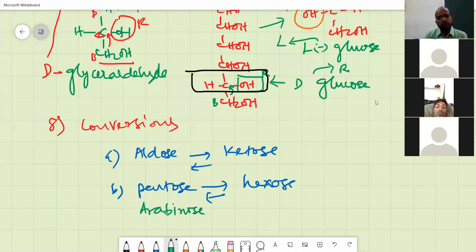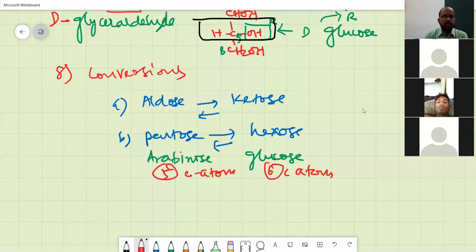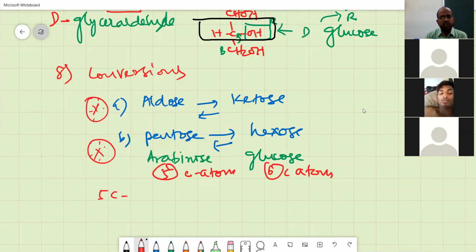This is glucose, which has six carbon atoms. This has five carbon atoms. Okay, you can move from this, which is an important structure. These two are also very important. You can move from 5 carbon to 6 carbon, and 6 carbon to 5 carbon. 5C to 6C, we call it the Kiliani synthesis.